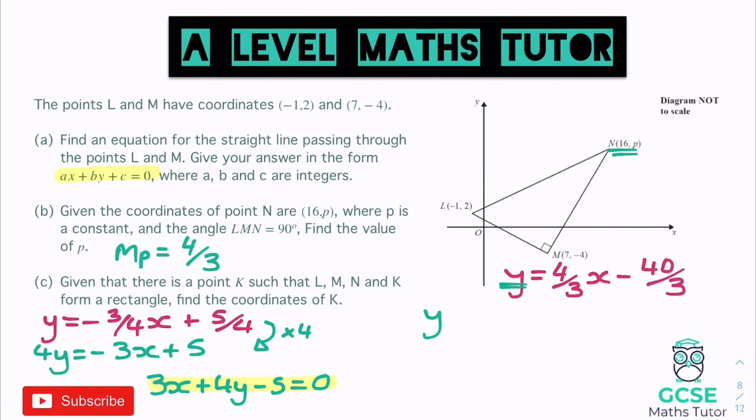So that y coordinate is going to equal 4/3 multiplied by 16, and then we just need to take away 40/3. And if we type that straight into the calculator, we've got 4/3 multiplied by 16, and then we're going to take away 40/3, and that gives us a y coordinate here of 8. So y equals 8. Okay, or in other words, p equals 8.